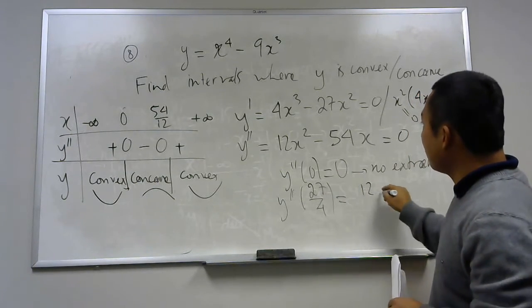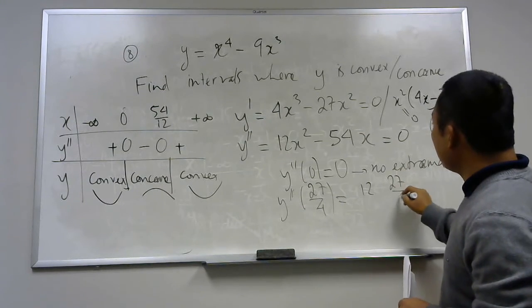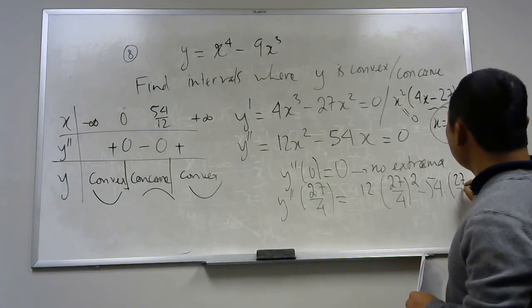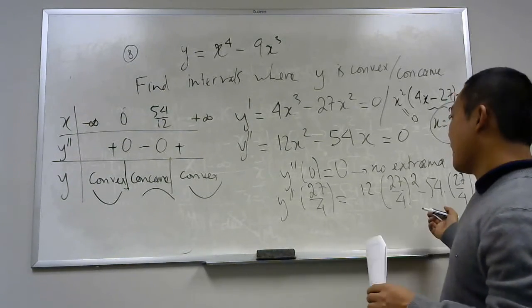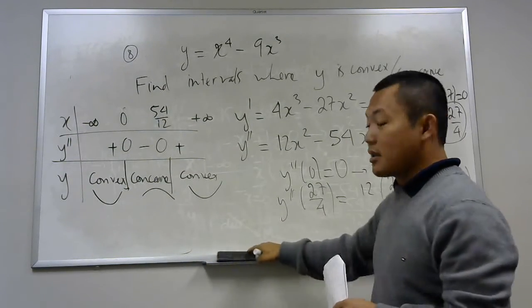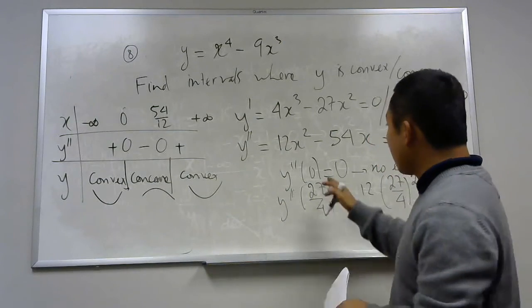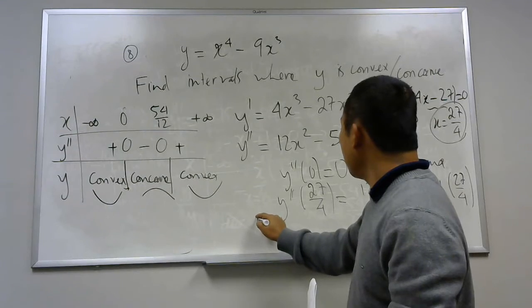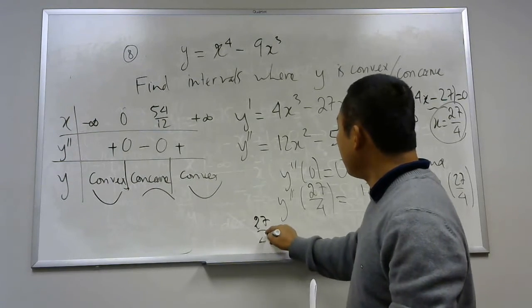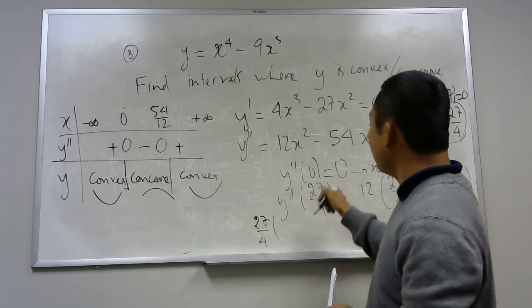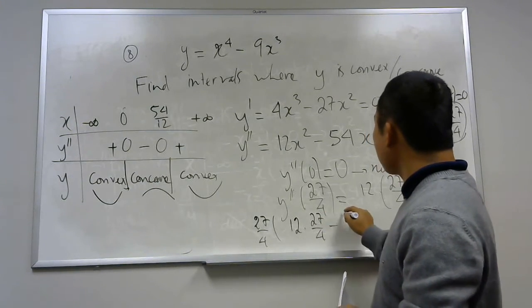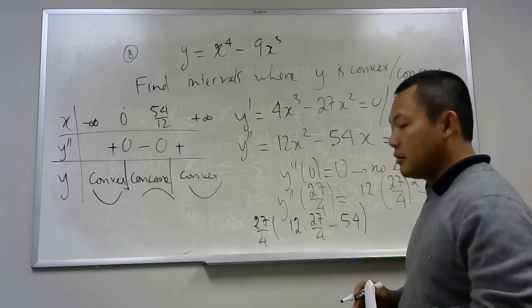That means I have 12 times (27 over 4) squared minus 54 times 27 over 4, right? Basically, you don't have to do that because we only need to find the sign. So I would say that is 27 over 4, I just factor it out because x is common. And then 12 times 27 over 4 minus 54.